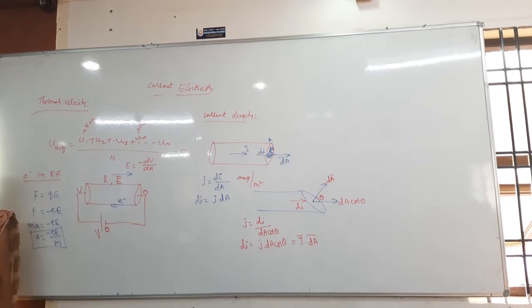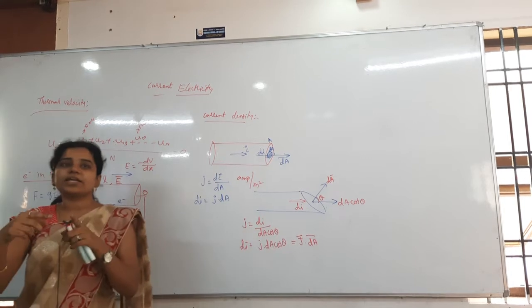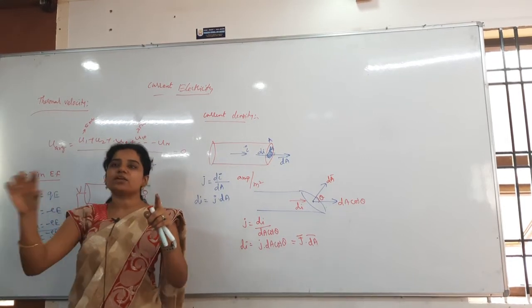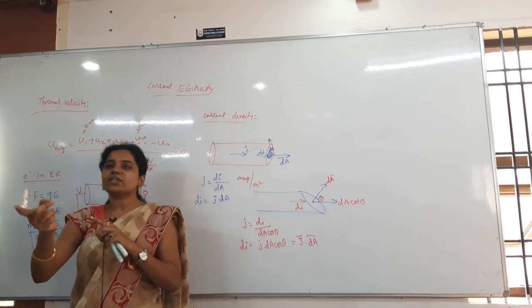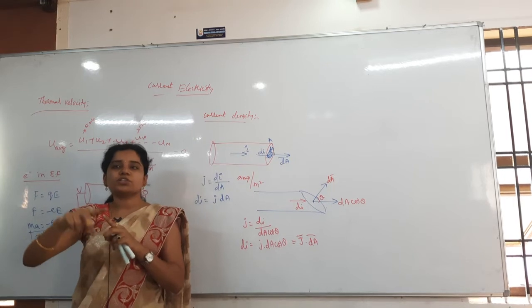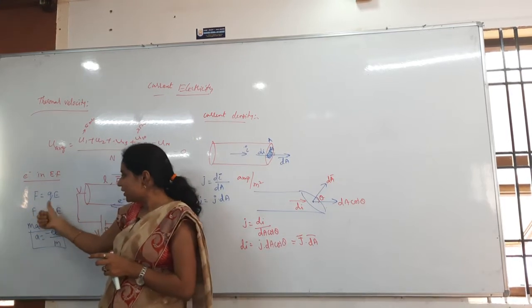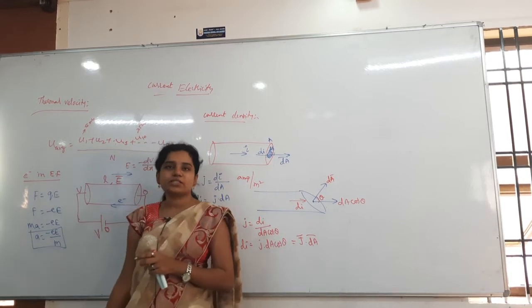First of all, you have to find the acceleration. Whenever I connect the battery to the terminals, it creates a potential difference. Potential difference and the length of the conductor create the electric field. Electric field creates the electric force. Force is equal to ma. So F is equal to qE and F is equal to ma, and from that a is equal to minus eE by m.